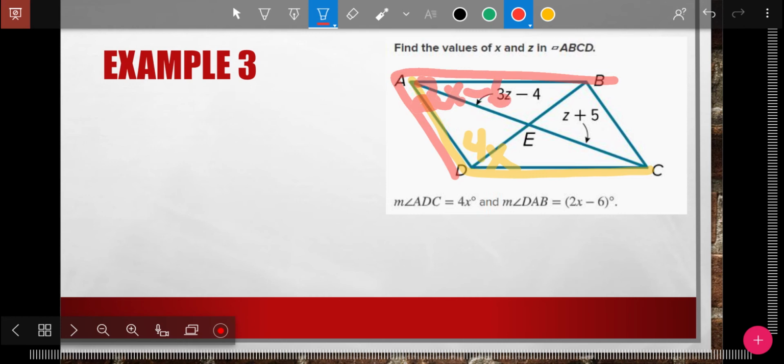Now, are those angles across from each other? No, they're consecutive angles. What's my rule for consecutive angles? Consecutive angles are supplementary.